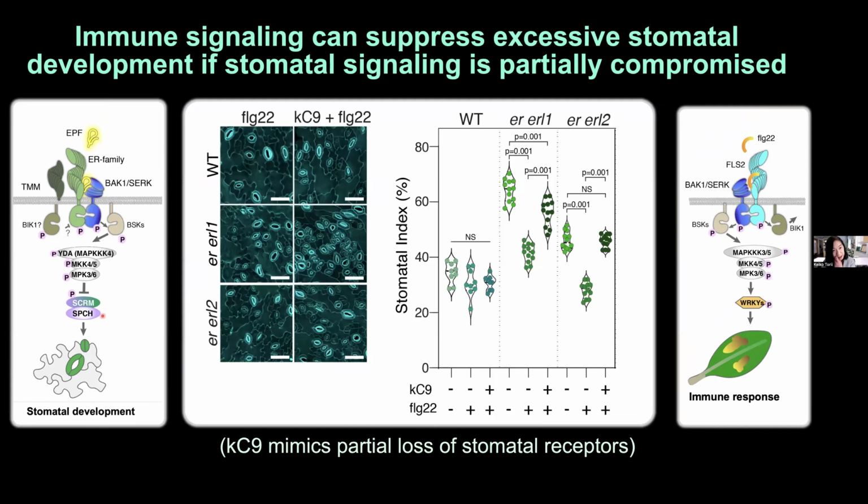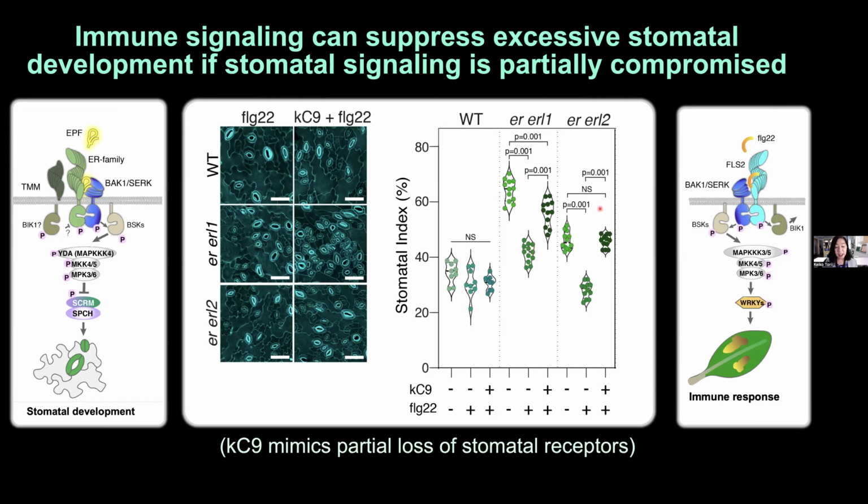And what's happening is, we started looking into the progressive loss of function of ERECTA receptor kinases. There are 3 of them. And if we knock out 2 out of 3, what we found is flagellin 22 peptide alone can decrease the number of stomata. So you don't really need KC9. KC9 can have them back up actually in this case.